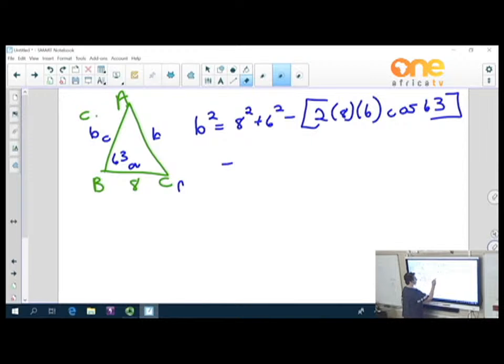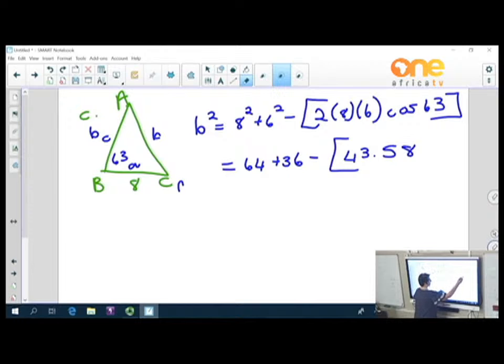Right, so now we do it step by step. 8 squared is 64, 6 squared is 36, minus, and there we need to get that value in the bracket. 2 times 8 times 6 cosine 63. And I have here 43.583. At least 5 significant figures there.